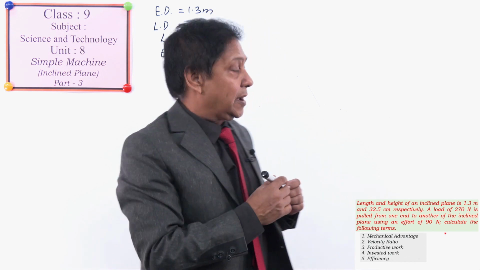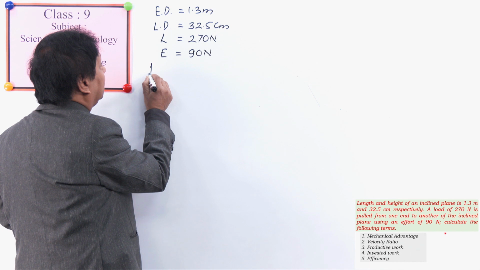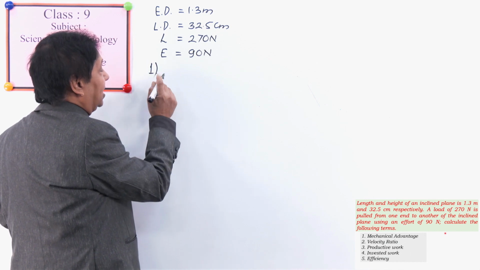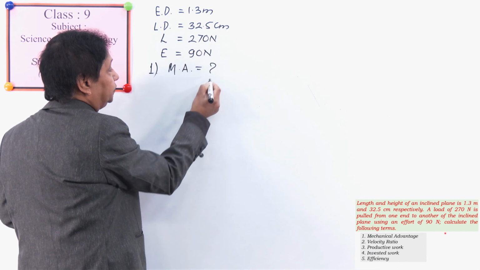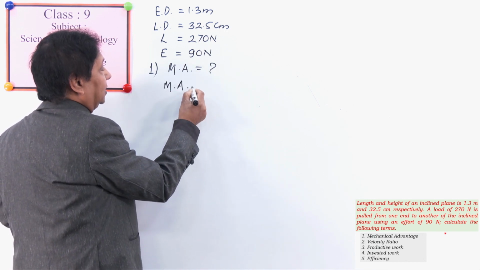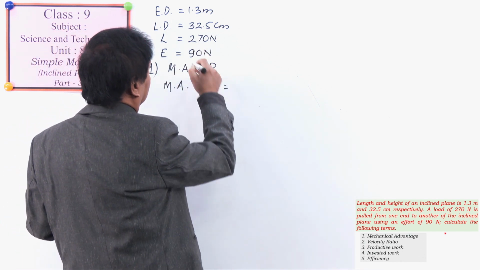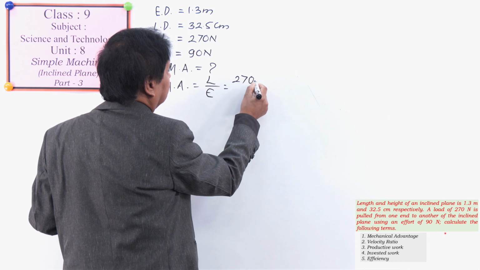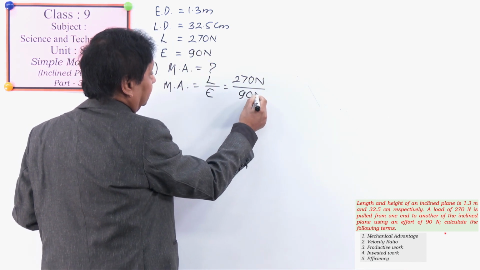Mechanical advantage we have to calculate first. In question number 1, it is given mechanical advantage equal to question mark. Now mechanical advantage is equal to load by effort, and load is 270 Newton and effort is 90 Newton.